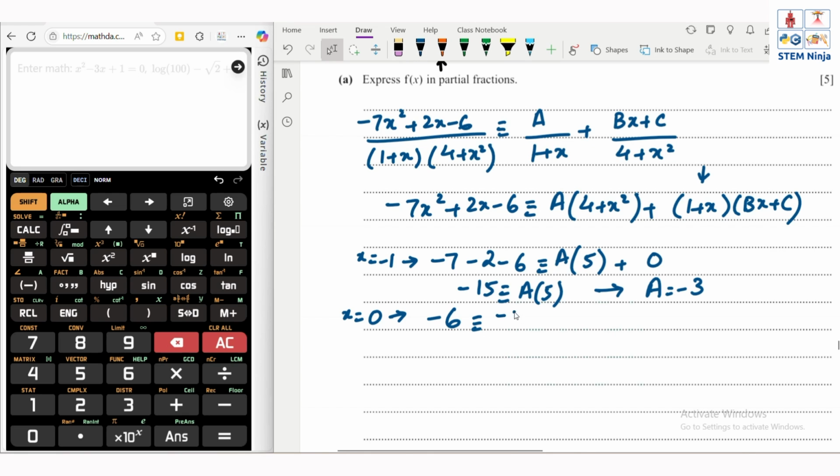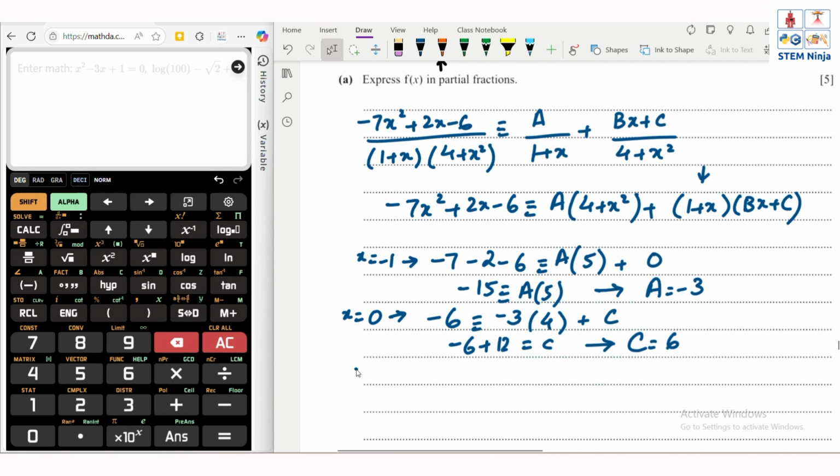So minus 3 times 4. 1 plus 0 is just 1, and then 0 plus c is just c. So minus 6 plus 12 equals c. Therefore, c is equal to 6.